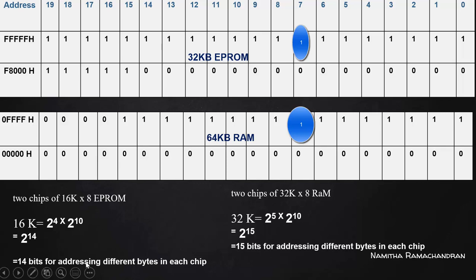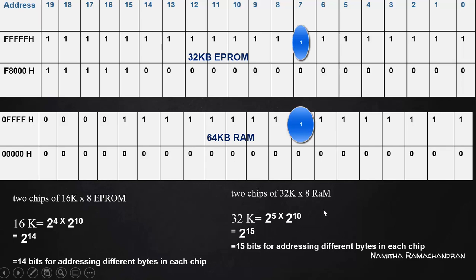A total of 14 bits are required for addressing each and every byte of a particular ROM chip, because one chip's capacity is 16K by 8. This much address information is required for addressing each and every byte of one chip. 16K means 2 raised to 14, so 14 bits are required for addressing each byte uniquely.